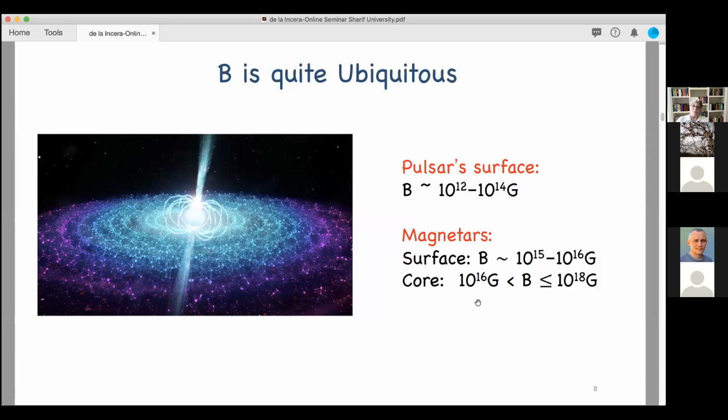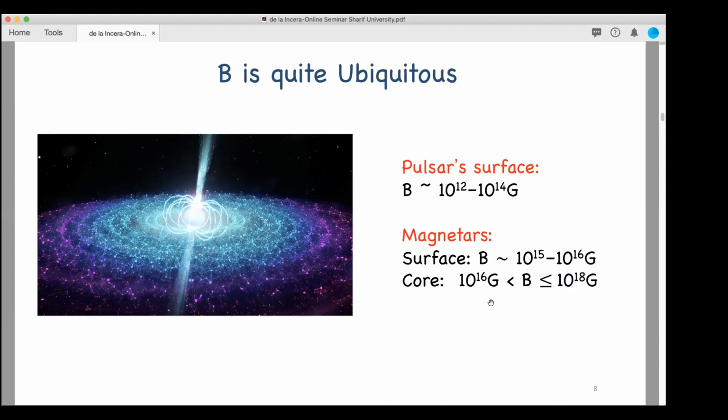In the core, we have not been able to measure the field directly, but there are estimates of the values of the field, and we know that it's even higher than on the surface. So this is an element that should be considered when we study models for describing the core of neutron stars, because magnetic fields would be present, and we want to see what the effects of this magnetic field are, what phases would be affected or favored by the presence of a magnetic field.